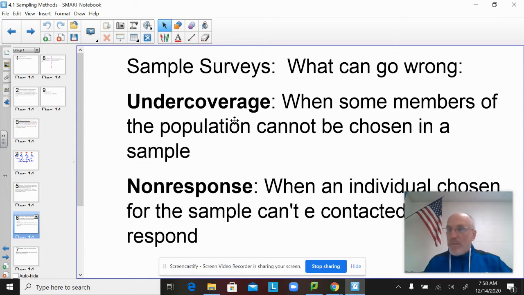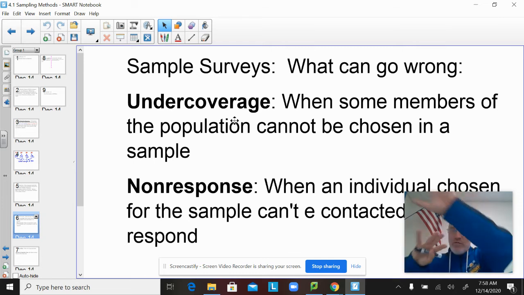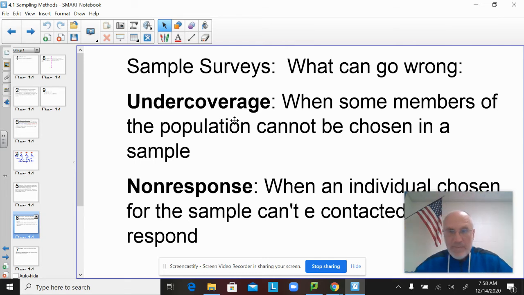If it's the phone book, which used to be a pretty good list of people in a population, now more and more people have cell phone records. So sometimes it's unfixable. Like if there are homeless people, if you chose various residences to go ask people, you might be missing them. So it's sometimes unavoidable, but undercoverage is when, for whatever reason, some members of the population just have no chance of being chosen.